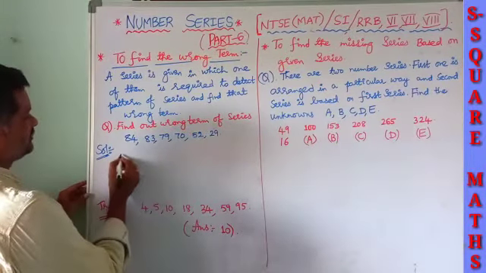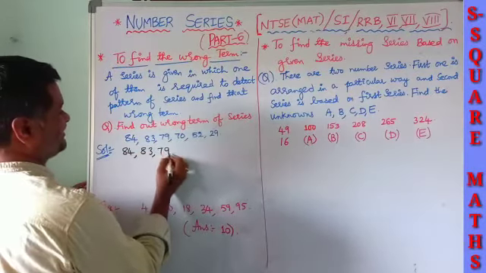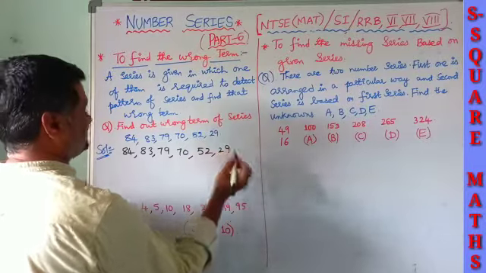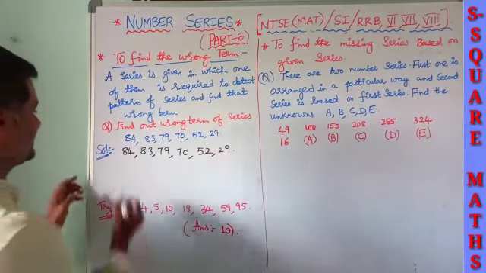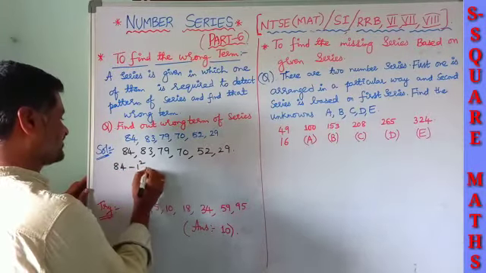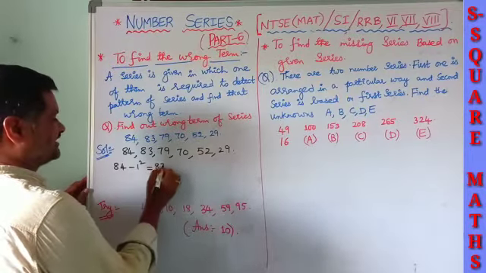So here the solution: 84, let us write again, 83 and next 79, 70, 52 and 29. Let us go through how we got here. Consider 84. 84 minus 1 square, 1 square is 1, so 84 minus 1 is 83.